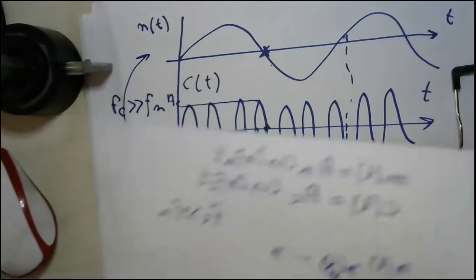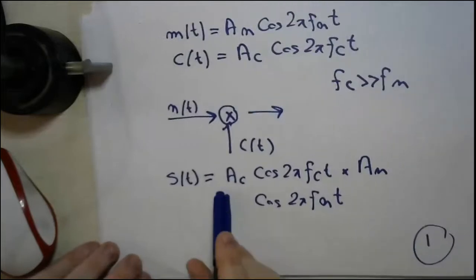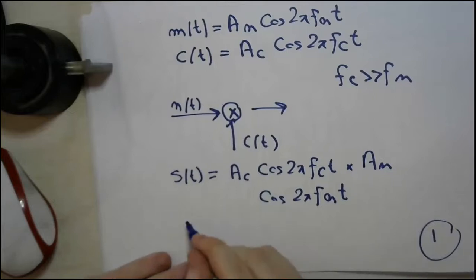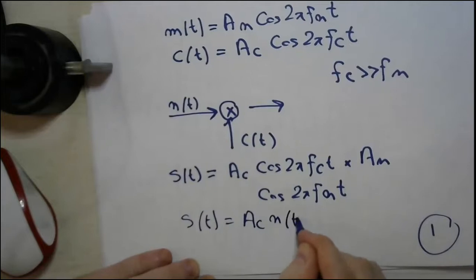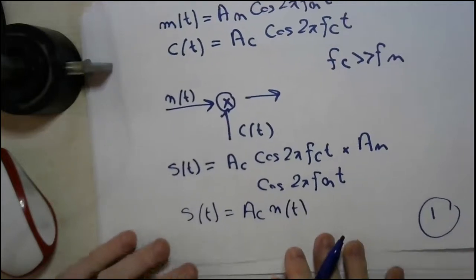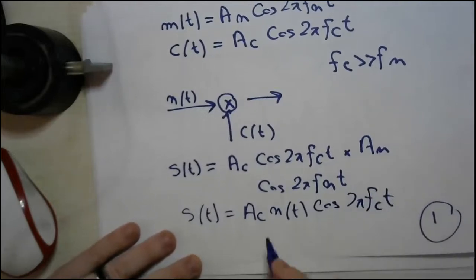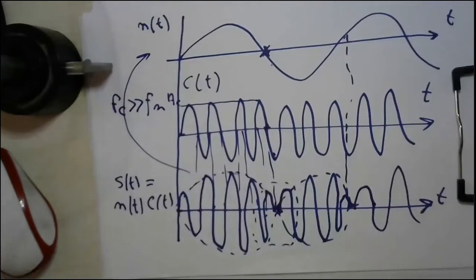Maybe it's easy to recognize here: S of t equals AC m of t cosine 2 pi FCT, where m of t is any general message. So now the amplitude is varying with the message. That's why it's called amplitude modulation. However, we have the problem of this phase overlap.